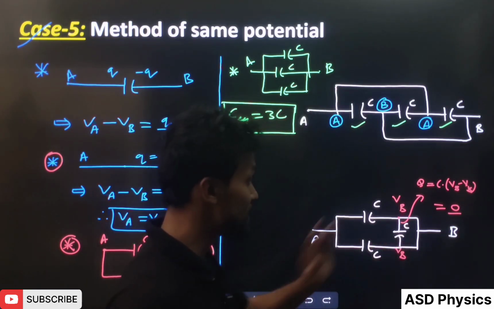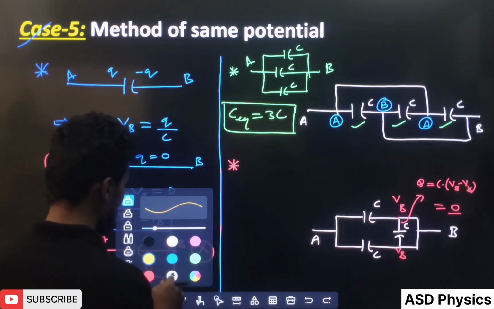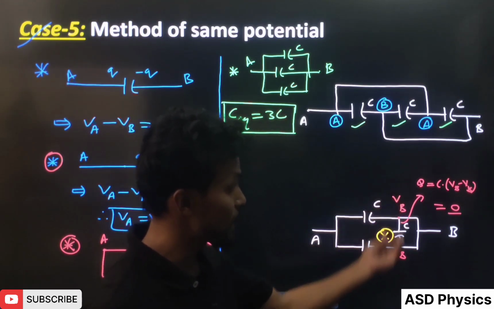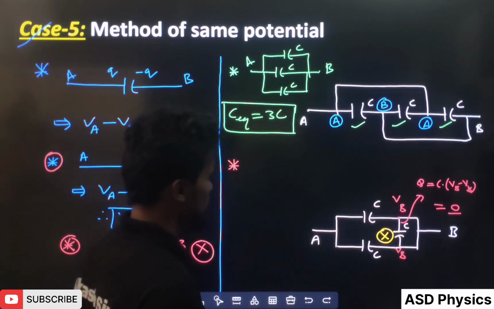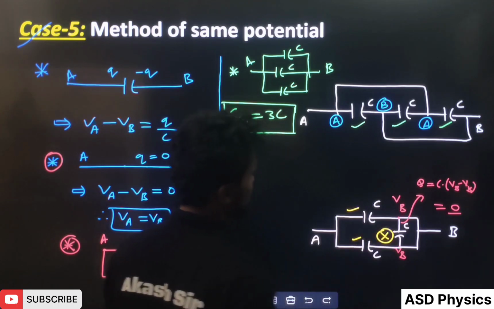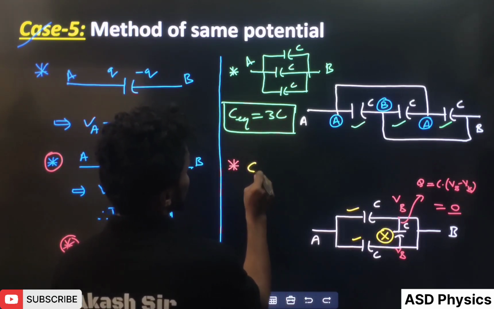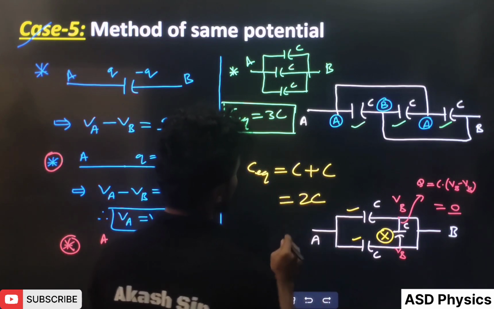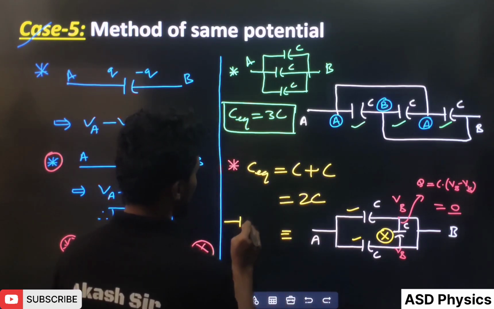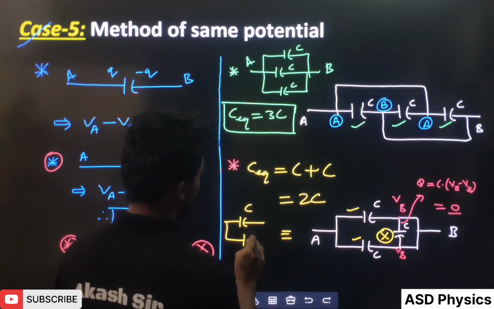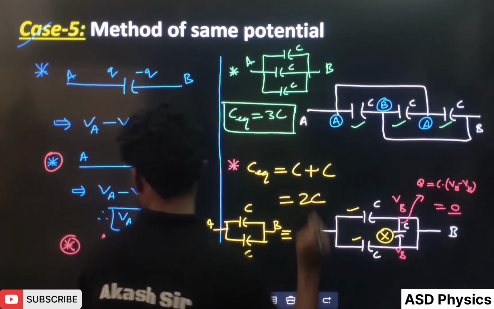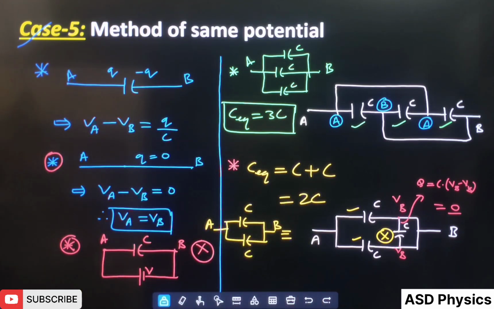That means this capacitor can be removed, because the potential difference across the capacitor is 0. Only this one remains connected in parallel. So the equivalent will be C plus C, that is 2C. The equivalent diagram will be like this: C, C, with A here and B here. So this is the method of the same potential.